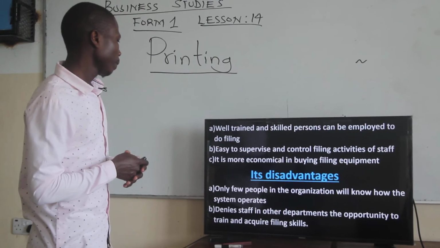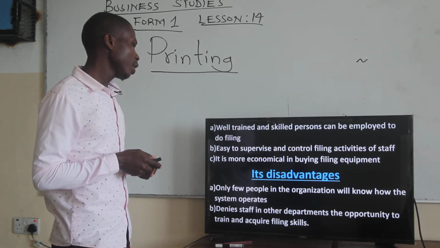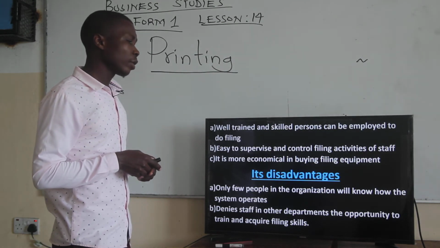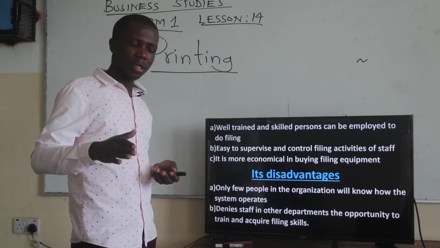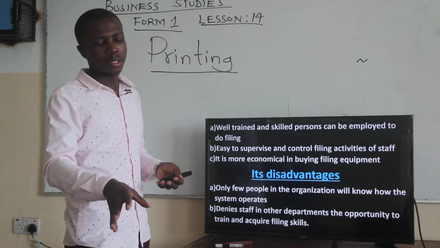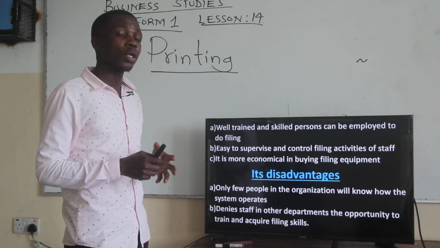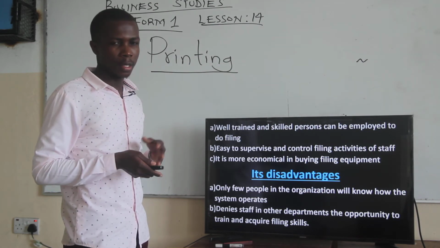Then the next, it denies staff in other departments the opportunity to train and acquire filing skills. So when the files are being controlled by only one person, other departments in our organization will be denied the opportunity to learn the filing skills.